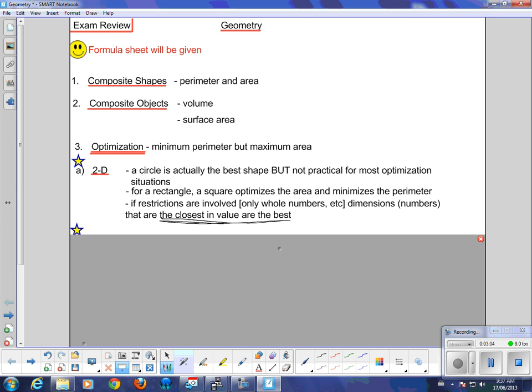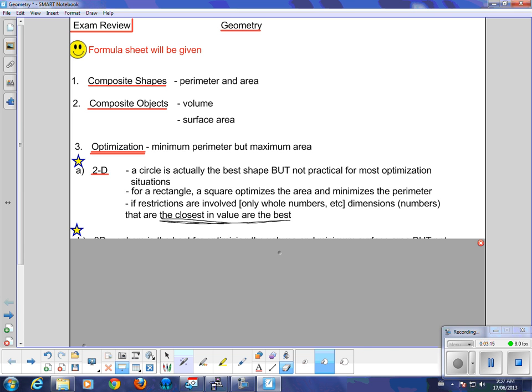So if I have the choice between something that's 3 by 8 or a 4 by 6, which numbers are closest together? Well, between a 4 and a 6 is a 2, right? And between a 3 and an 8 it's a 5. So in most cases that would be the best if I was looking at those numbers because they're closer together than the 3 and 8.